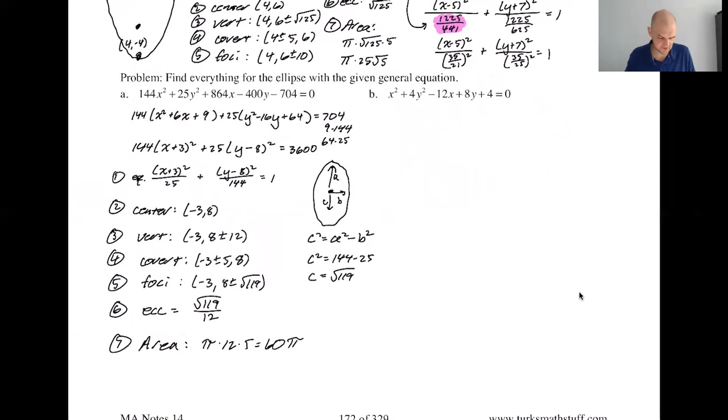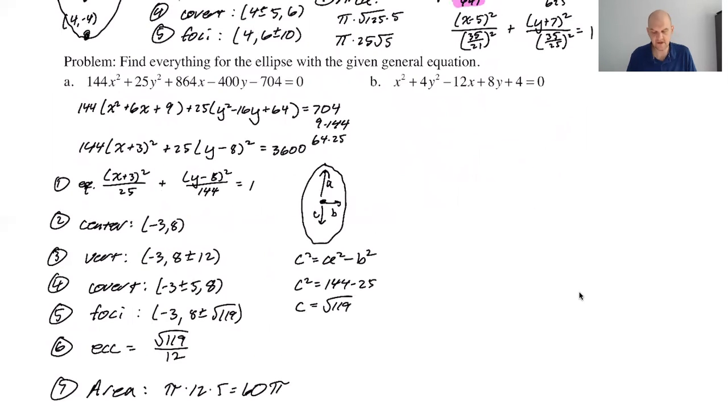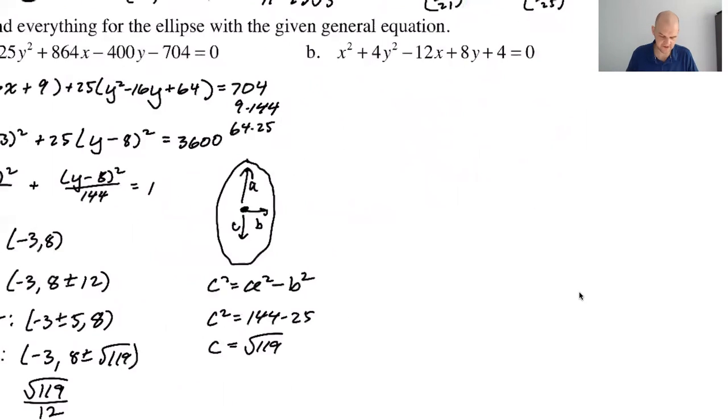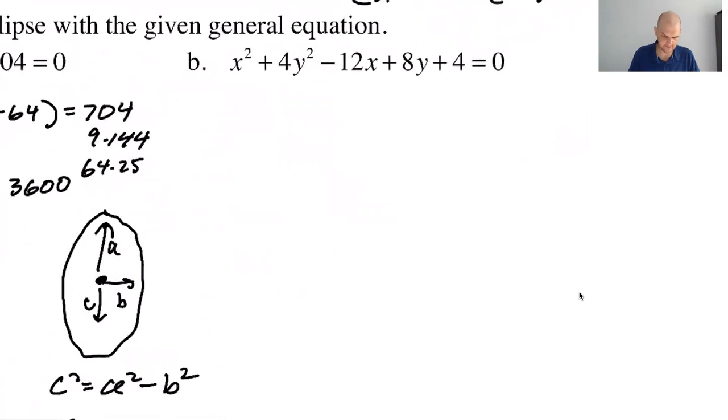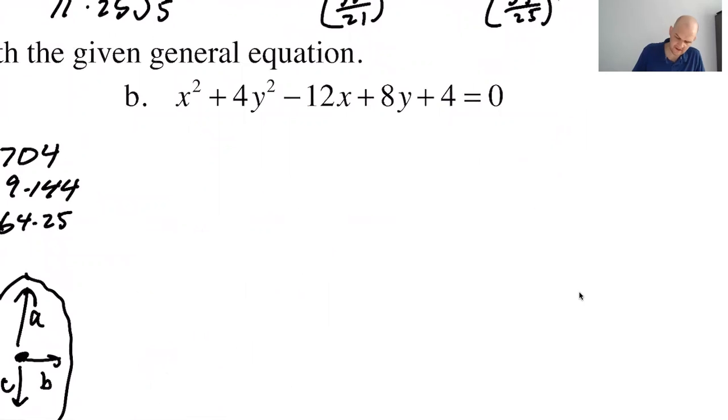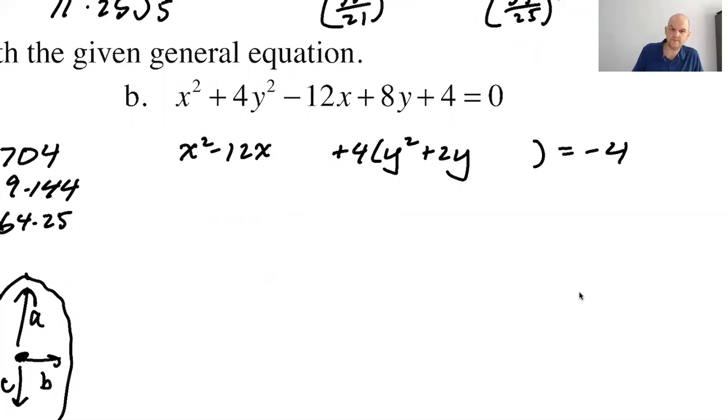The hardest part is completing the square, I think, actually. Once you know what you're doing, it's all just a matter of moving things in certain directions, plus or minusing. It's not that bad, I think. Now the next one: x squared minus 12x plus 4, y squared plus 2y equals -4. All right, divide by 2 and square it, 36.